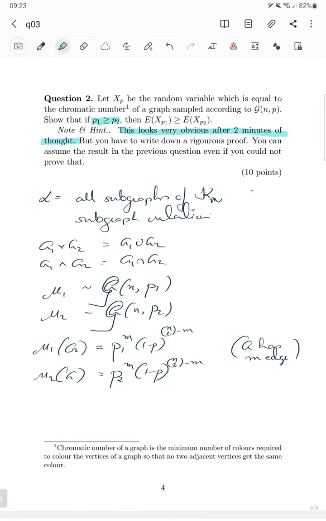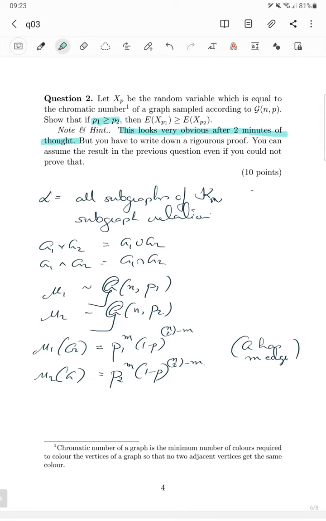By the way, both P1 and P2 may be less than half. I'm not saying it in an absolute sense, I'm only comparing a random choice made according to mu1 versus a random choice made according to mu2. Between them, mu1 has a slight tendency to pick denser graphs than mu2.